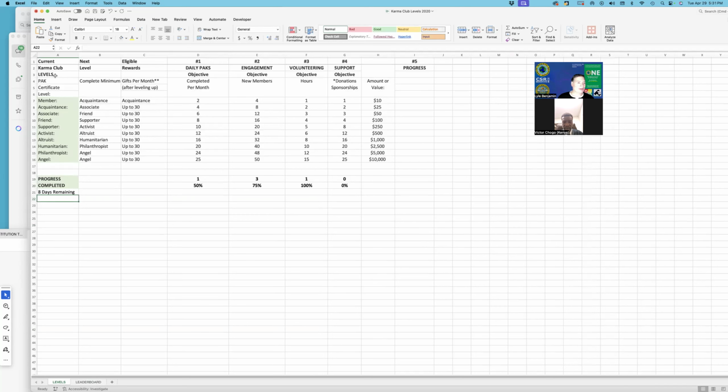And it should tell you what your level is and what your next level is. So member, progress completed, or next level. This should be current level, member, and then it can say next level acquaintance.